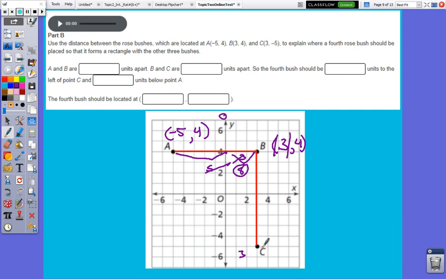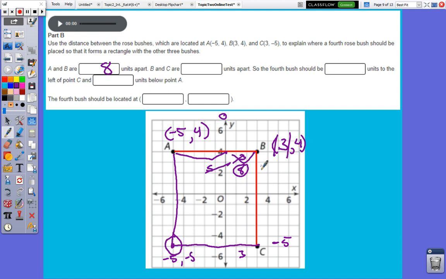So on the y-axis, I'll be at -5, and this will also be at -5. So I come across here, we are actually at (-5, -5). And that will help me now make that rectangle. And I could plant my last rose bush right here at (-5, -5). So A and B are 8 units apart.